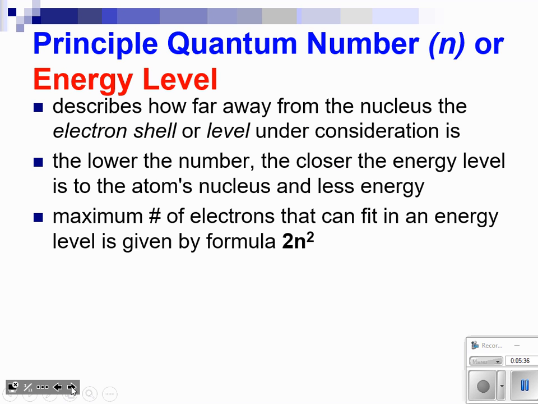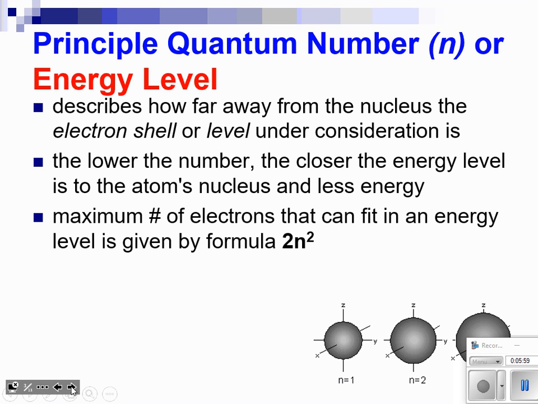Now let's look at the second energy level. n is equal to 2. 2 squared is 4, times 2 is 8, so there would be 8 electrons on the second energy level. We could go on, but I think you get the gist of the math of it.